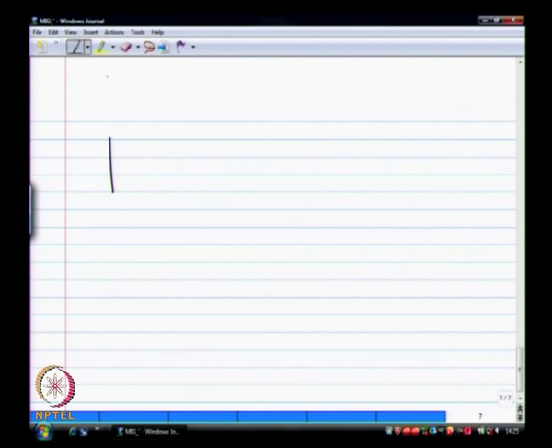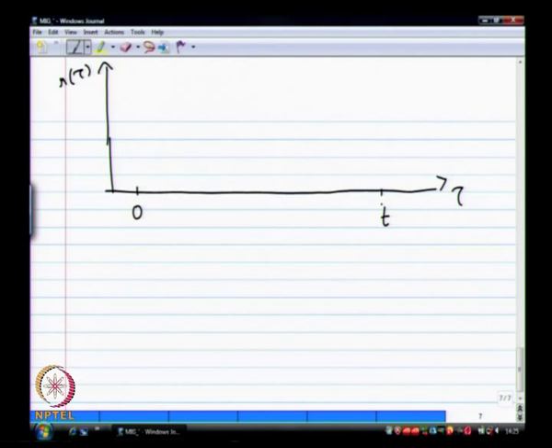So if you look at the picture, it is similar to what you are saying, that it is no different from yet another customer sitting in the queue. So we will use the same notation, this is R of tau, and this is tau, and this is time 0. This is some time t. So this is service 1, service 2, then service 3.